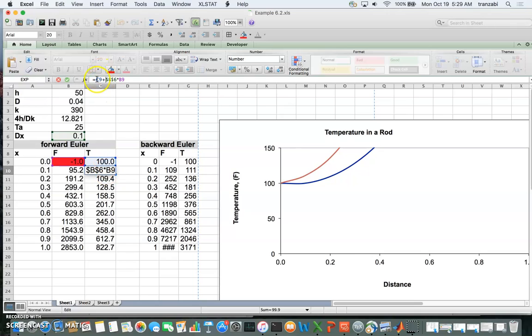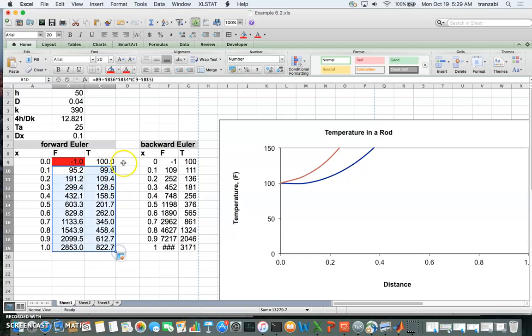And so this is what I have. Tn plus dx times Fn, right? So B9 is Fn. F at the previous point, or F at the current point. Okay. So this row that we're sitting on is at row n plus 1. So we're going to hit enter. Okay, I have these two written. You can drag down, and this is what you get.